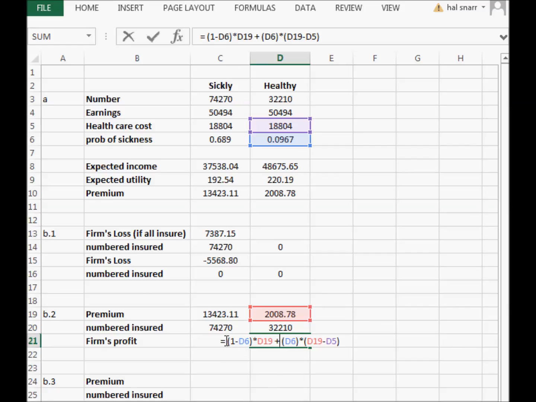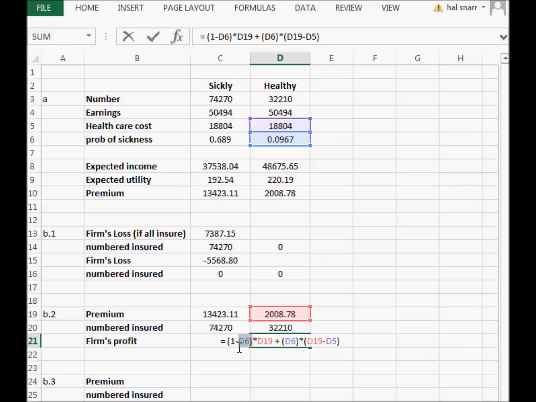We're going to calculate that in Excel. D19 is the premium the company charges a healthy person. D5 is the cost of bringing them back to health if they get sick. And D6 is the probability that they get sick. If they don't get sick, the company just collects the premium.